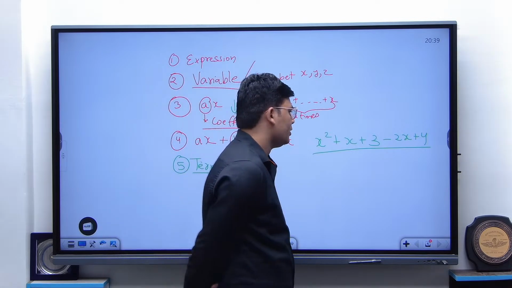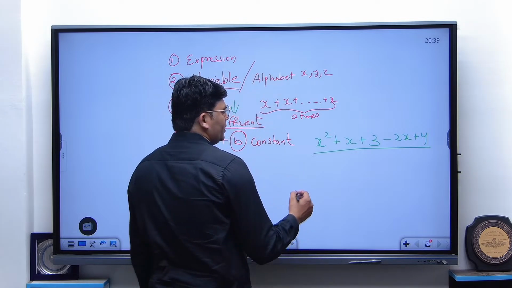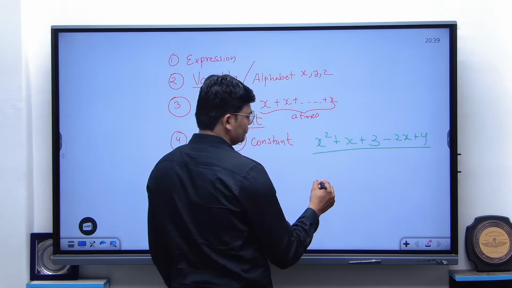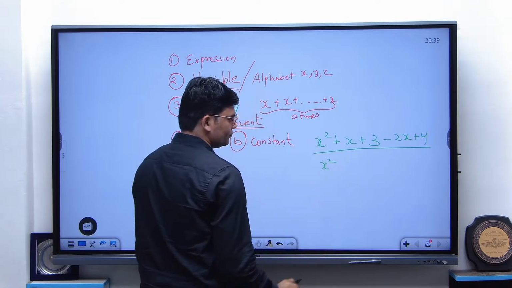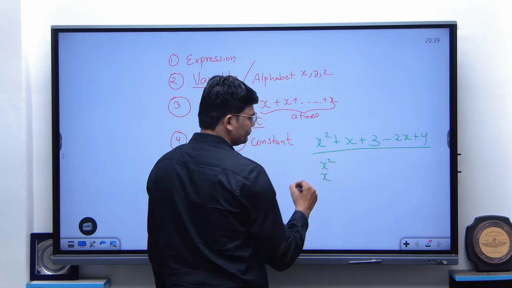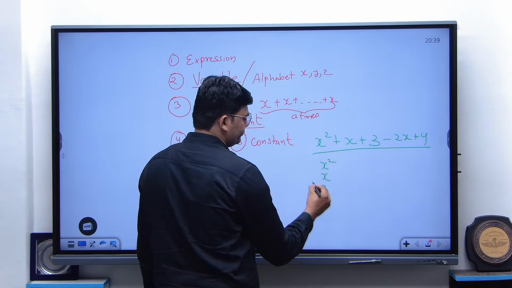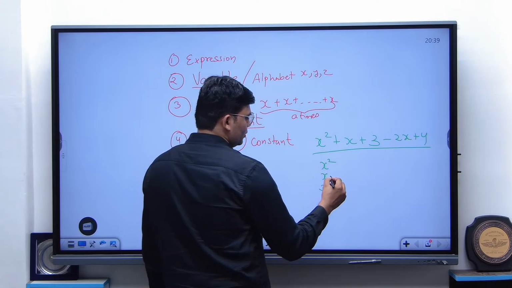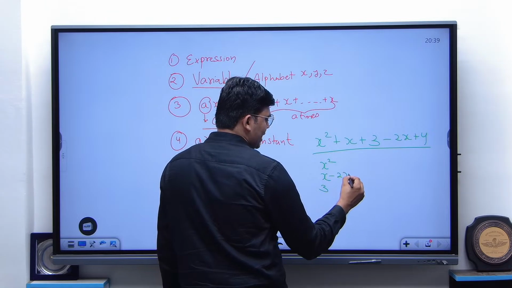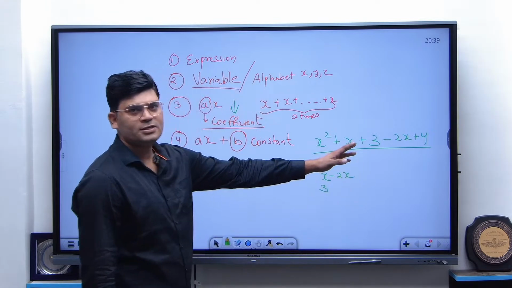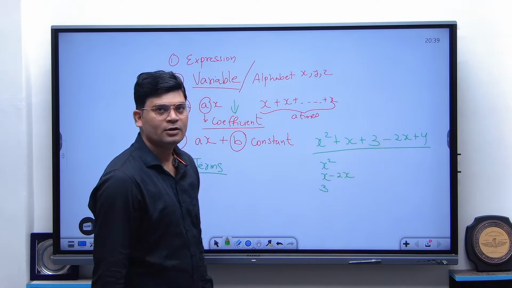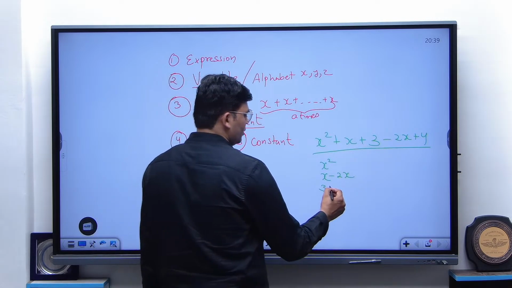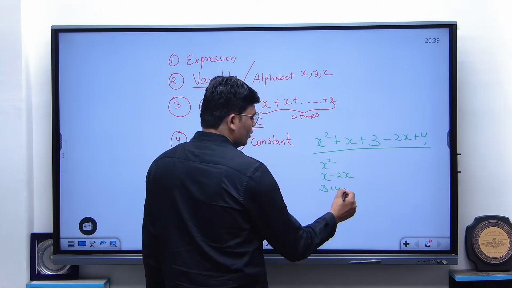All right, can you name them? Yes, sir. x square, x, 3, and 2x. It has to be said with a sign, beta. You have to include the sign as well, so it is minus 2x. Then plus 4.